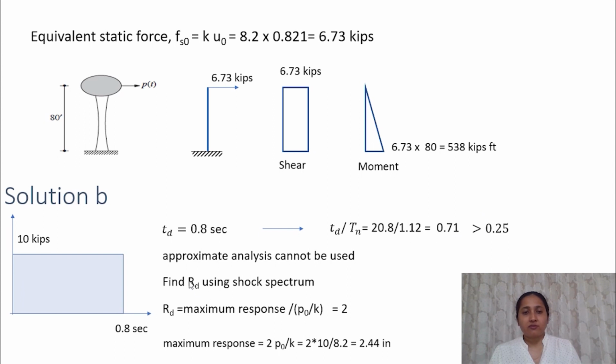We have to find the deformation response factor using the shock spectrum, because we have calculated the value of RD for different values of TD by TN. We found that expression, so we can use that shock spectrum and find the maximum response.